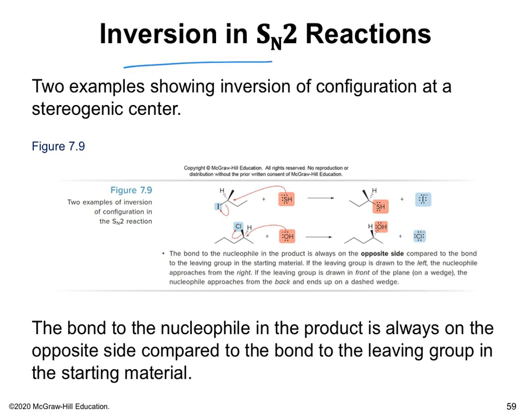This causes inversion in SN2, and when I see your mechanisms, I need to see that you draw it from the backside attack. The bond to the nucleophile in the product is always on the opposite side compared to the bond to the leaving group.